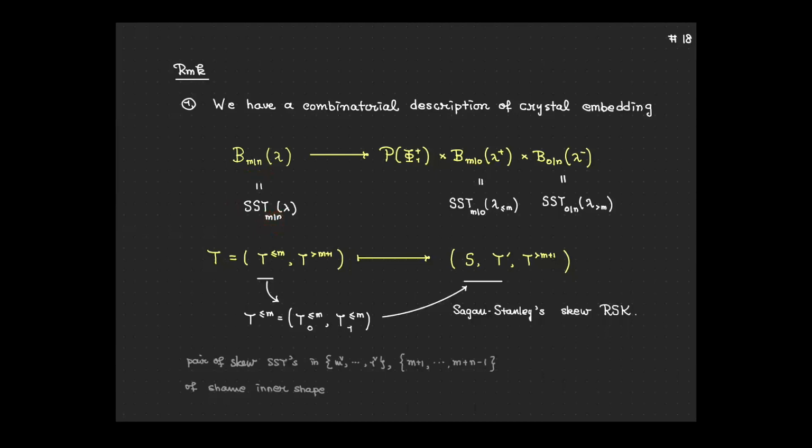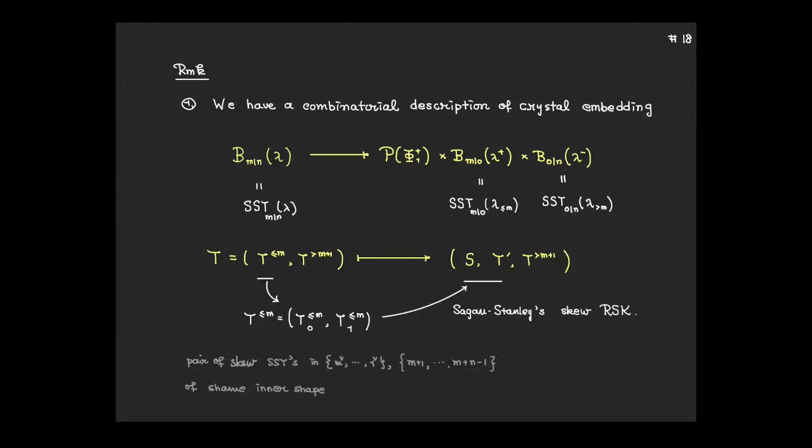We want to define a map which sends this T to a triple of data. One is the subset of the positive odd roots, and the other two terms are the usual semi-standard Young tableaux, of type A_{m-1} and A_{n-1}.